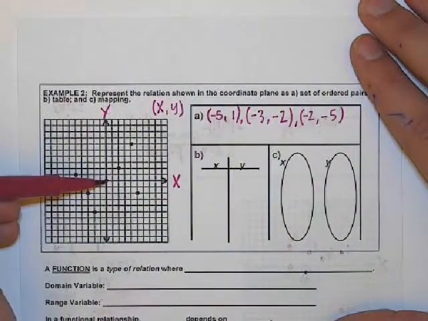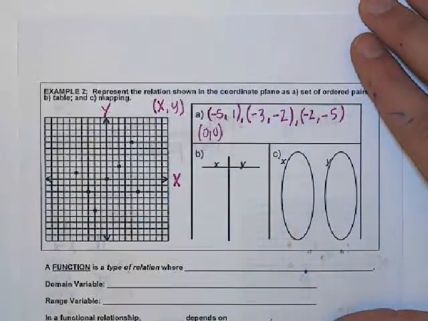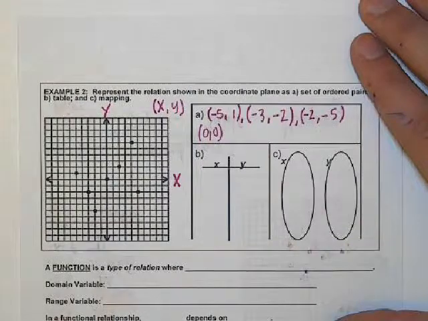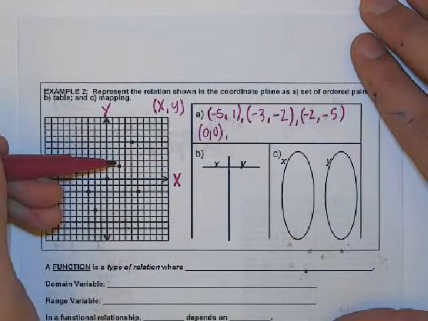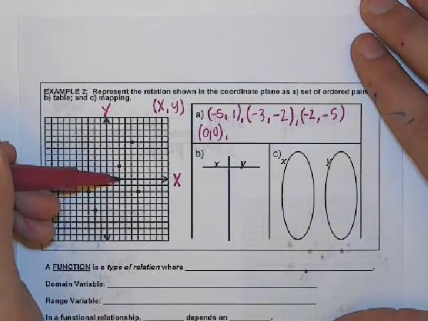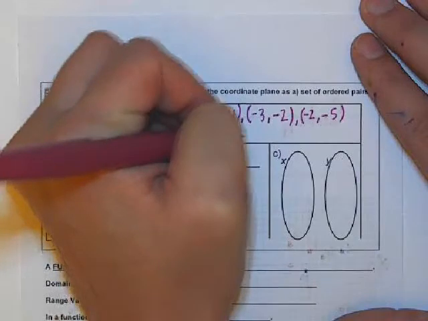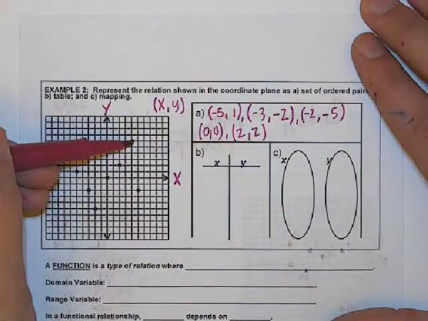Then I've got my dot in the middle, which is the what? 0, 0, which is called what? Origin. Good. 0, 0. Then I've got this dot, which my x is 2, and my y is also 2. And I've got this one, the tall one.